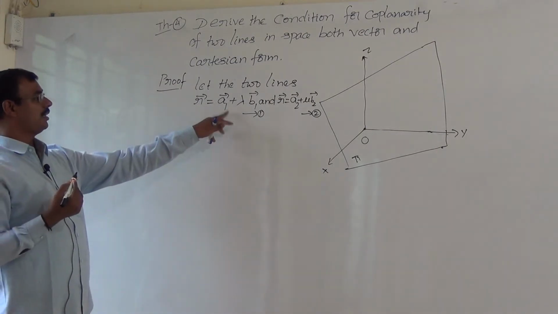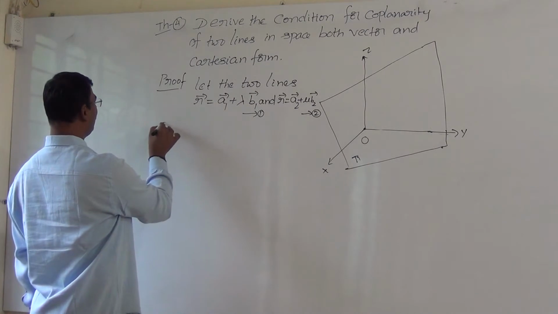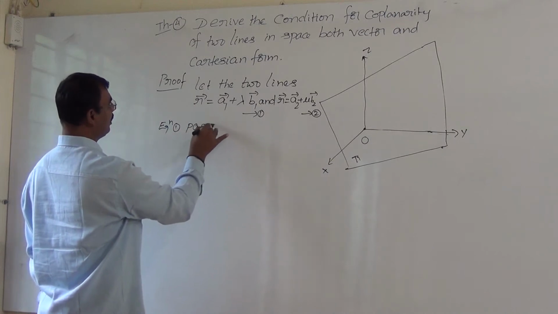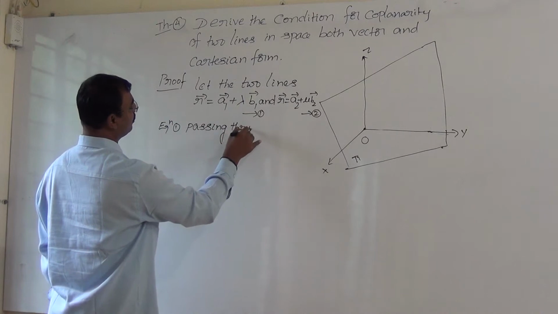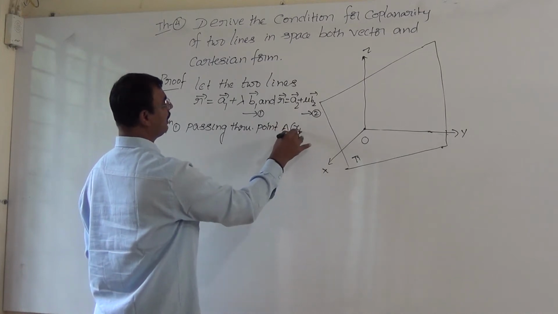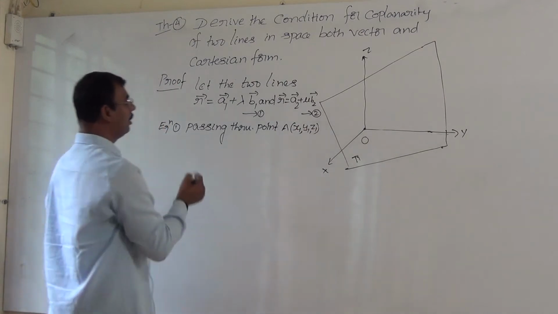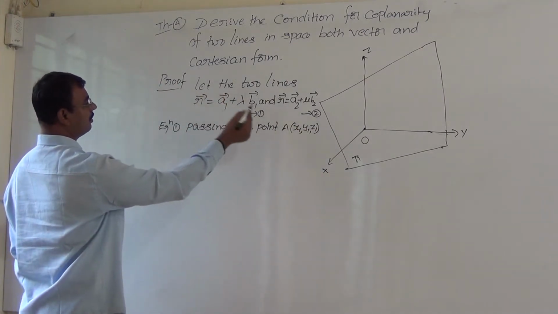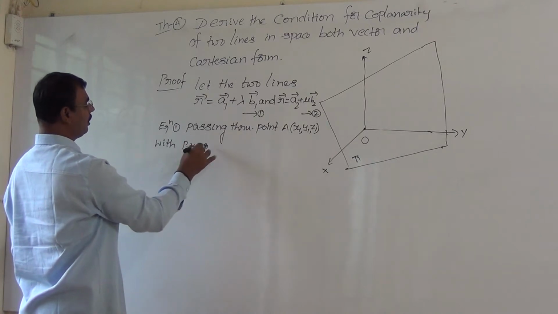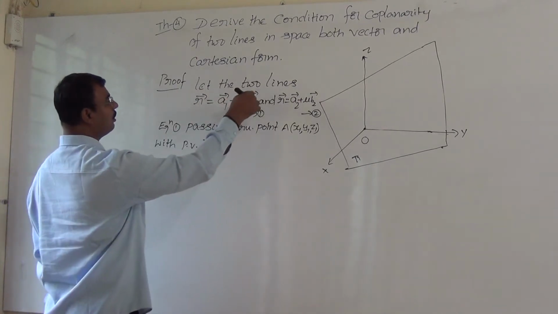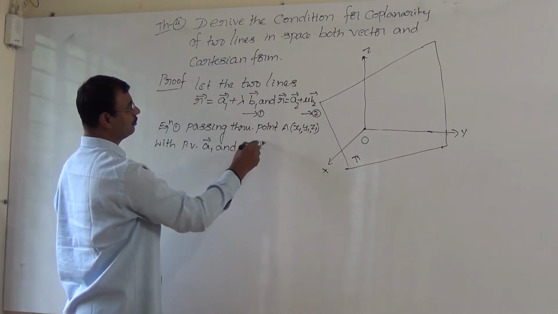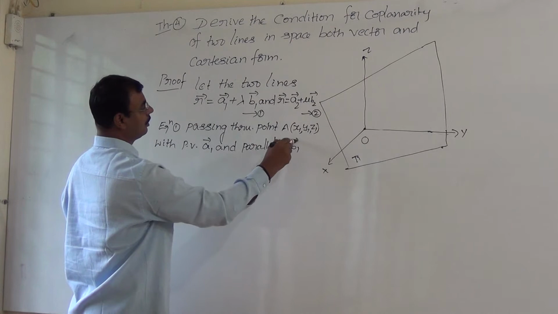What is the meaning of equation 1? Equation 1 is passing through the point A, let us take x1, y1, z1, with position vector OA, that is A1 bar, and is parallel to the vector B1 bar.